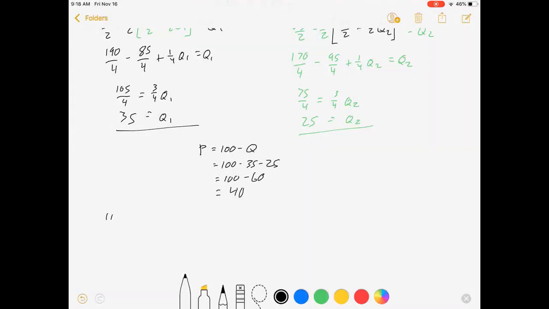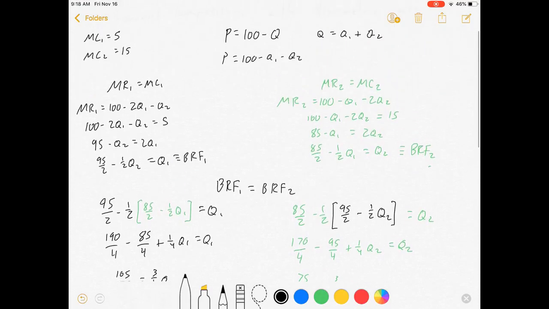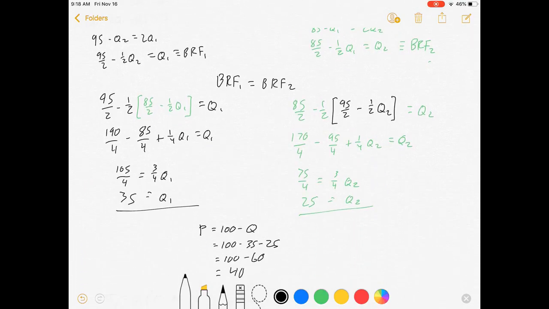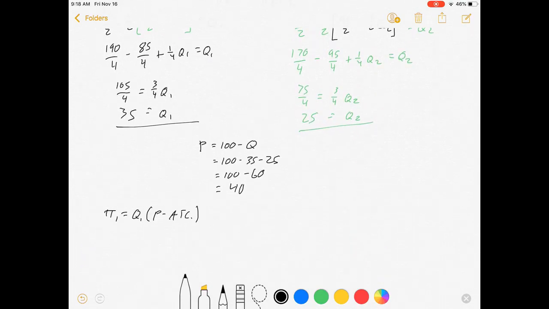So profit for firm 1 is Q1 times P minus ATC1. Now don't forget, we have a constant marginal cost, and I didn't give you any fixed costs. So conveniently, the marginal cost is the average total cost.